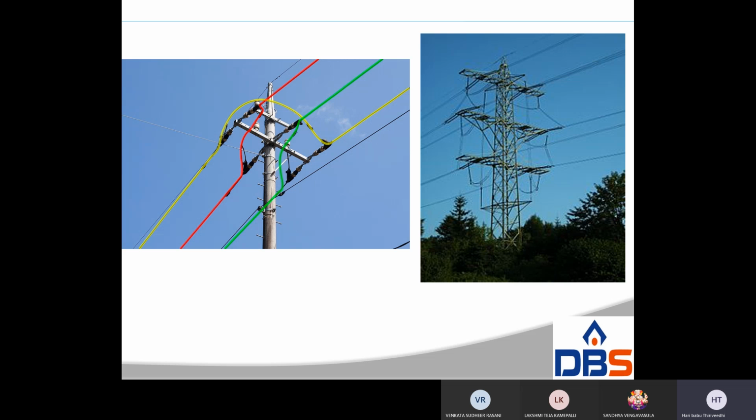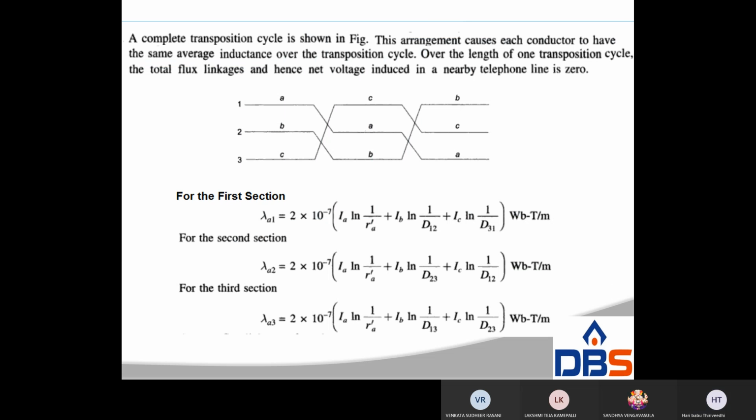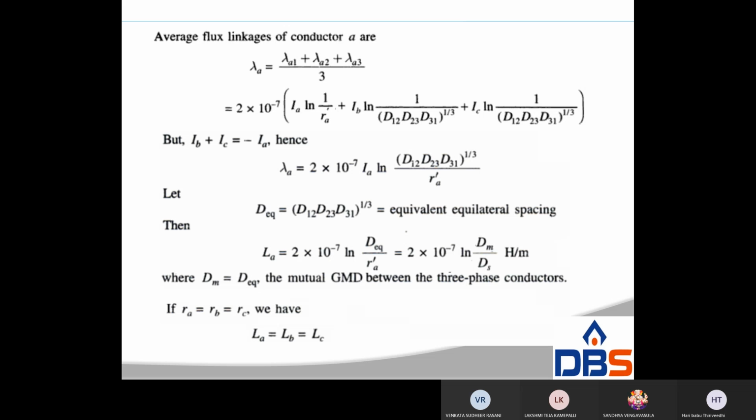So 1, 3, 2, 1, 3, 2, and after some distance 1 2 3, 3 2 1, 2 3 1, 3 1 2 like that. So high voltage transposition lines. Same derivation.